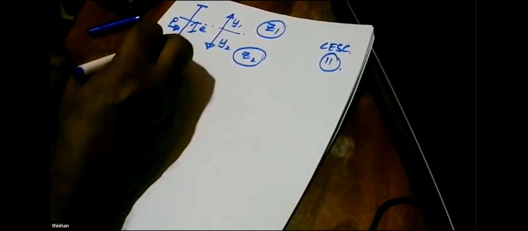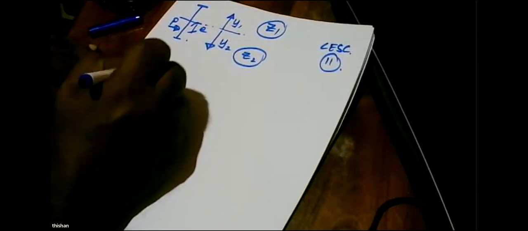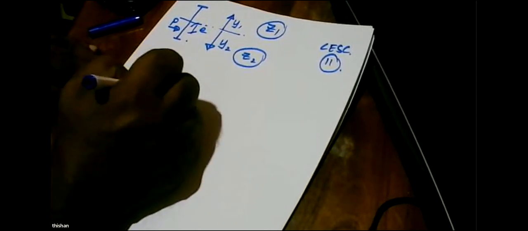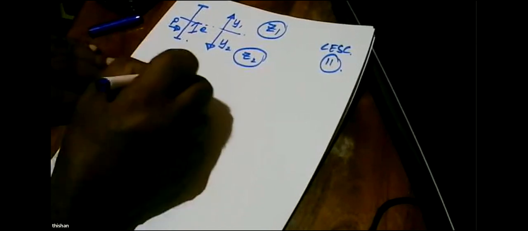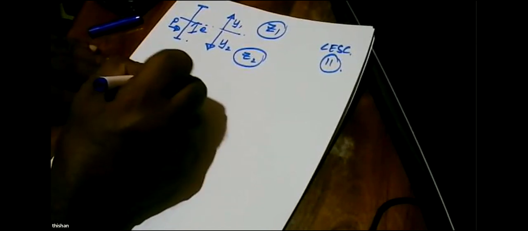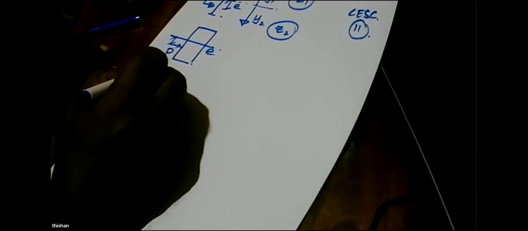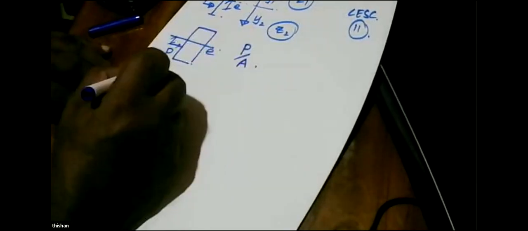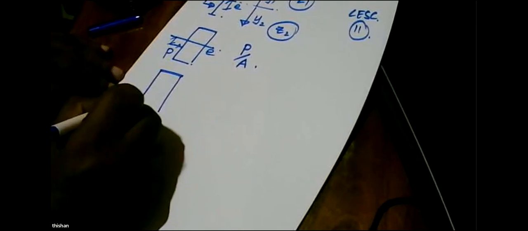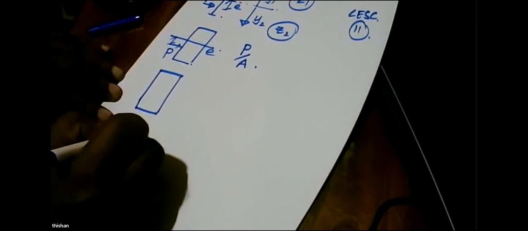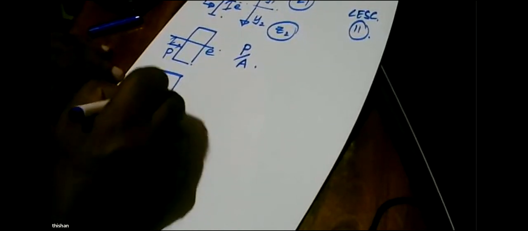So what happens is when you do this, we get a section subjected to an axial force P at an eccentricity E. So what actually happens is, first we get P over A. So we get P over A, and this is positive compression.